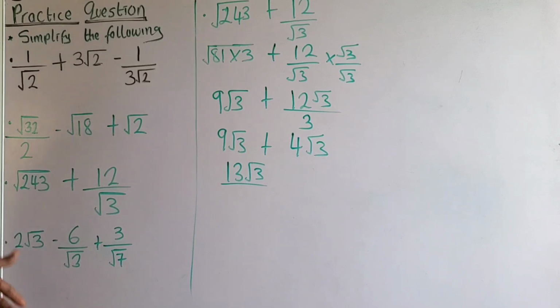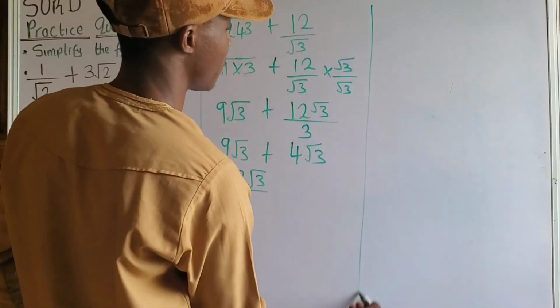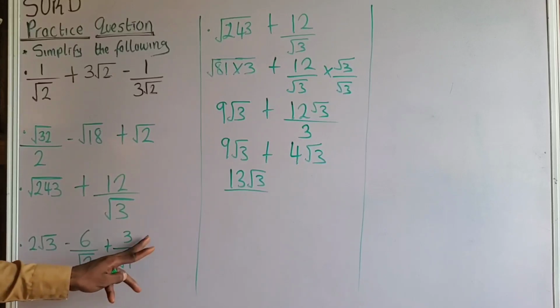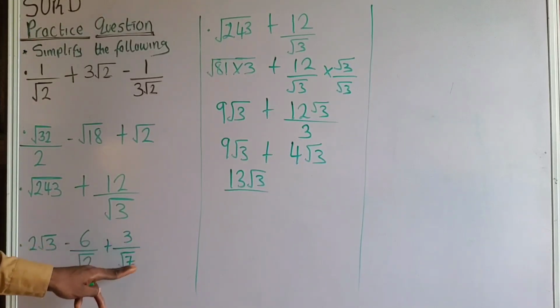We have 2 root 3 minus 6 over root 3 plus 3 over root 7. Now, to simplify this question, you have to rationalize each fraction. The reason is that this 6 over root 3 has an irrational part at the denominator, which is root 3, while the second fraction, 3 over root 7, also contains an irrational part at the denominator.